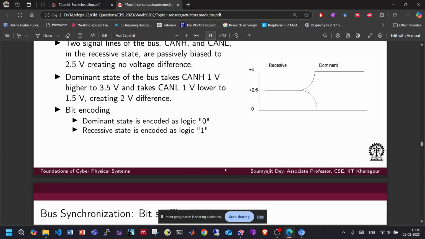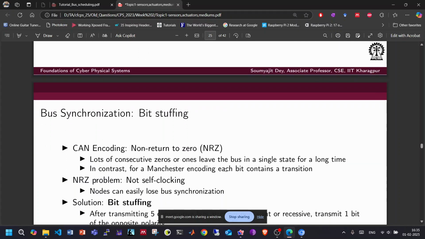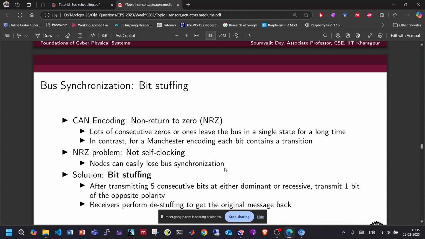Yes, you can actually, but usually it is repeatedly synchronized. Synchronization is not done always, otherwise we will lose synchronization. So that is why it is not done continuously.